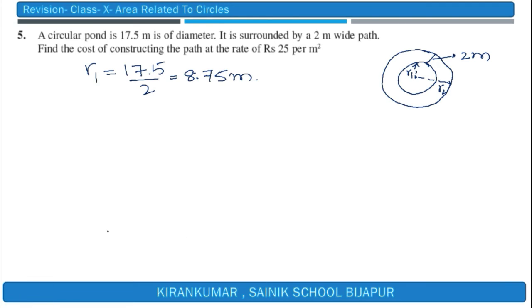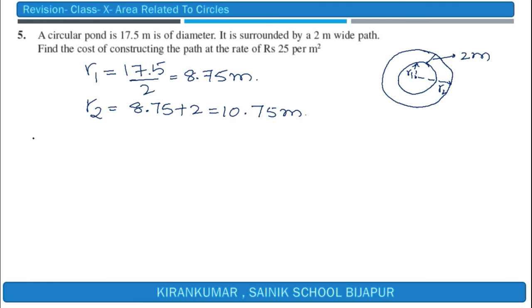Here the width of the path is 2 meter, so the outer radius will become 8.75 plus 2, which is 10.75 meters. Now we have got both the radii, so we can find out the area of the path.